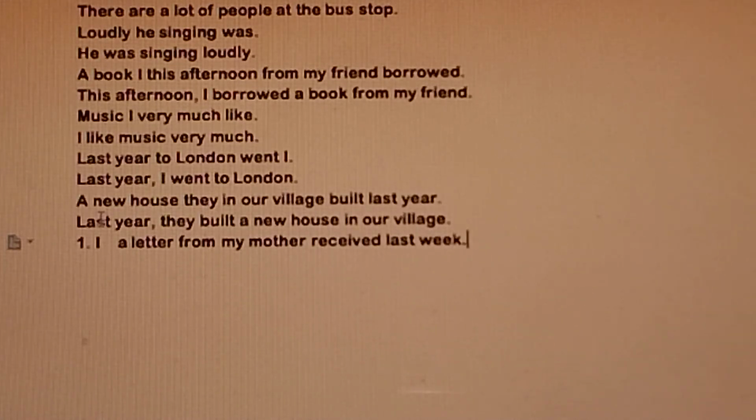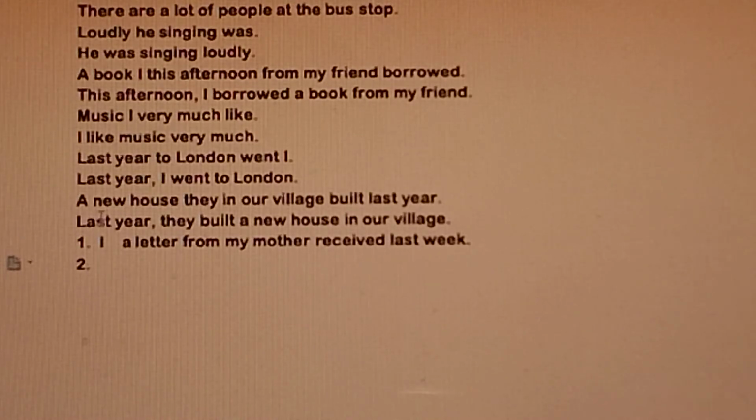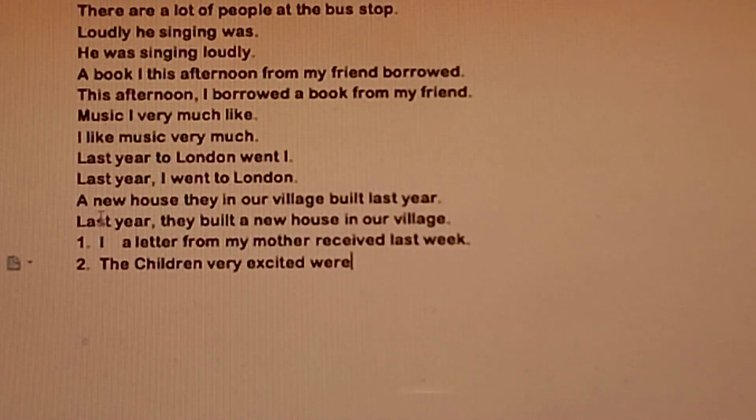That's number one. Number two, I want you to form that into sentences. The children very excited were.